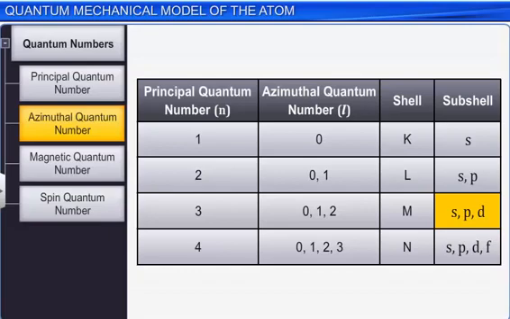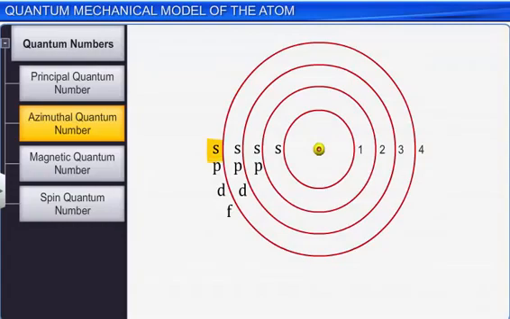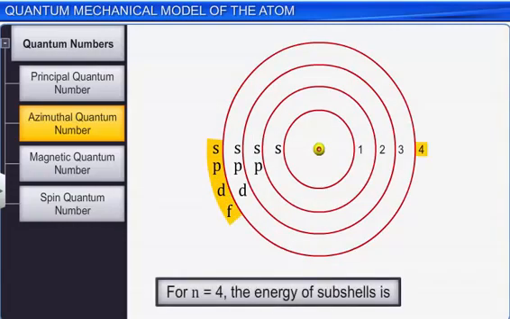In the N shell for n equal to 4 are s, p, d, f, and so on. The s subshell has the lowest energy, and the energies of the subshells within the same principal shell follow the order s less than p less than d less than f.